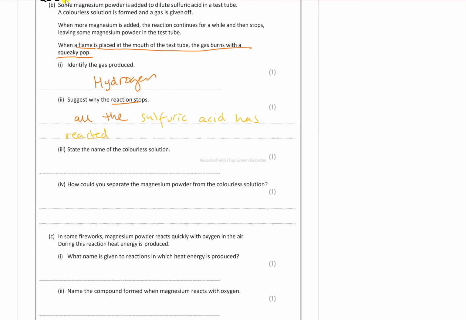State the name of the colorless solution. It will be magnesium sulfate. How would you separate the magnesium powder? You would filter it using a filter funnel and filter paper.